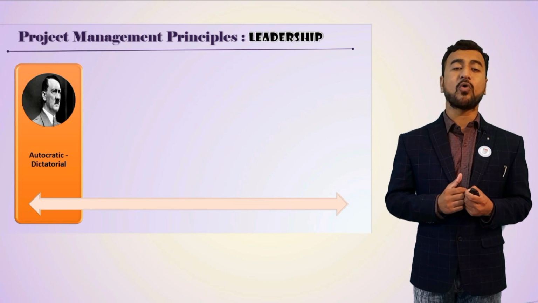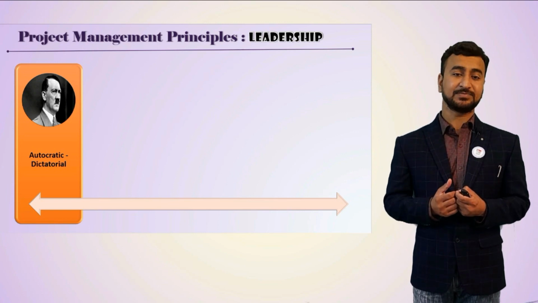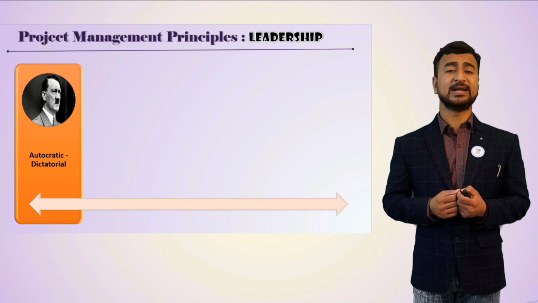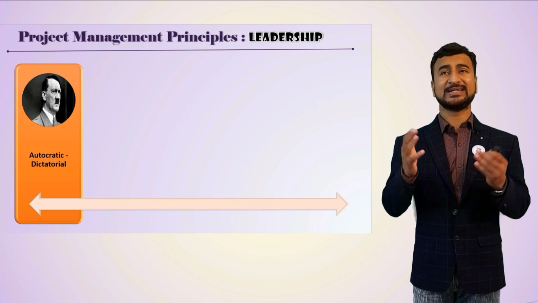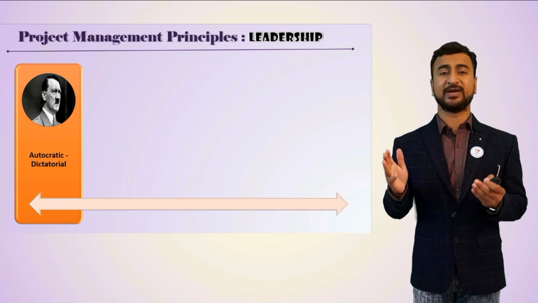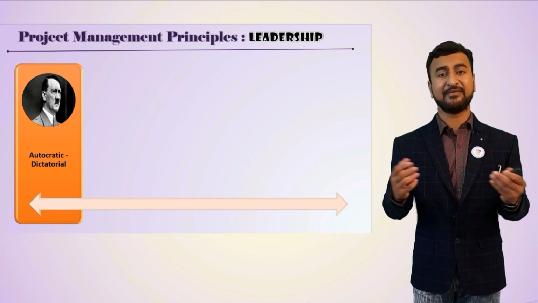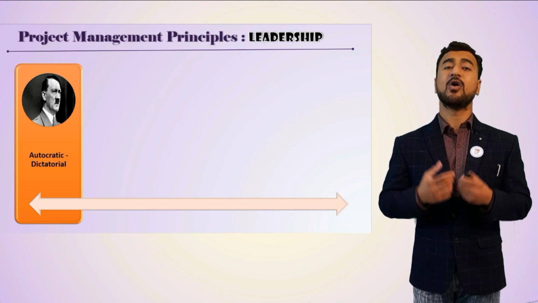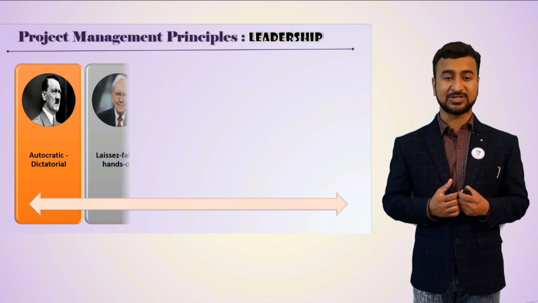The first is autocratic, or what we call dictatorial leadership style. A good example is Hitler, where a leader dictates his terms. It's kind of my way or the highway. There is no negotiation. He is not taking feedback from the subordinates or the team. So it is a very rigid structure.